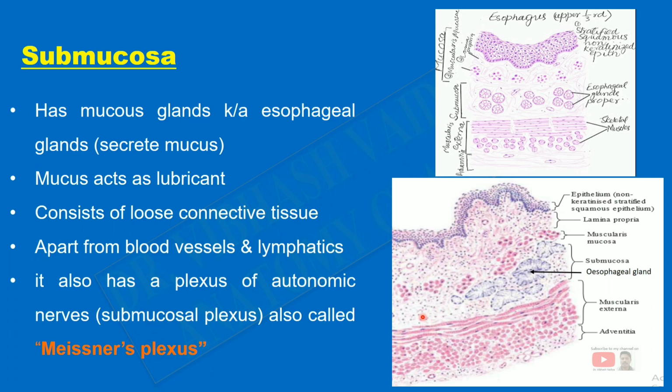Here we can see the small blood vessels and the lymphatics, and it also has a plexus of the autonomic nerve, that is also known as the submucosal plexus, or also called Meissner's plexus. So this Meissner's plexus is important, which is present in the submucosa of the esophagus.